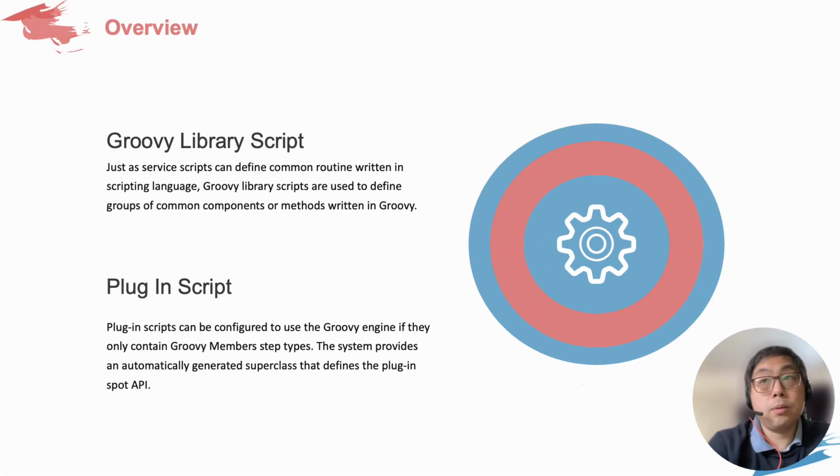Okay, so Groovy was introduced, I think, a few years ago now. The reason for Groovy is because before Groovy, we either had JavaScript, Java code, or the scripting language.